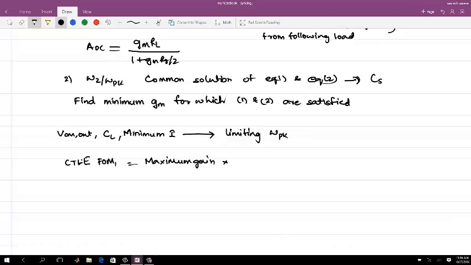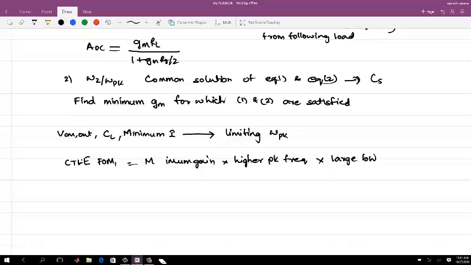You want a higher peaking frequency, or the maximum peaking frequency you can get, and you want wider bandwidth, ideally, right? Large bandwidth. These are the ideal parameters I want from the CTLE. I have not taken the power into account yet, but this is what I want if I have infinite power in my hand.